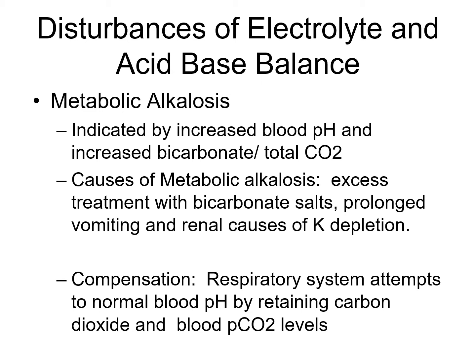Another situation that can happen when there is a disturbance in the electrolyte balance is called metabolic alkalosis. This is the opposite of metabolic acidosis. This is when the blood pH is much higher than normal and the bicarbonate and the total carbon dioxide are elevated. What are the causes of this condition? Excess treatment with bicarbonate salts, prolonged vomiting, renal causes of potassium depletion.